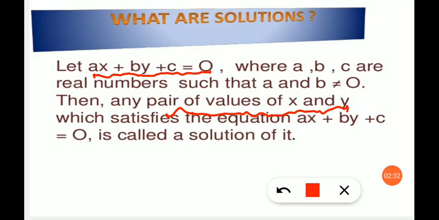There are infinite number of solutions for a linear equation in two variables. It means that for one linear equation in two variables, there are infinite number of pairs of values of x and y which satisfy the equation ax plus by plus c is equal to 0, and hence there are infinite solutions for them.